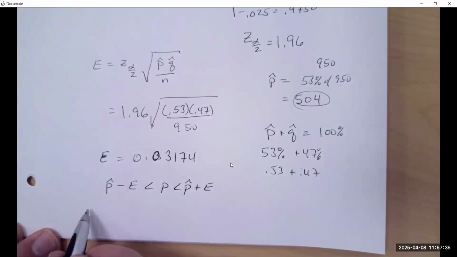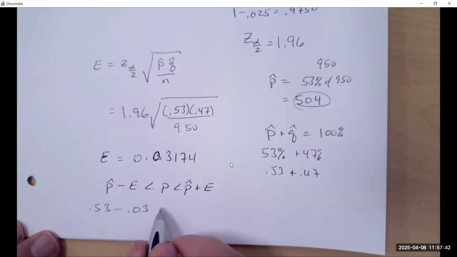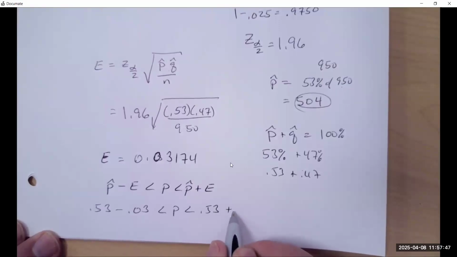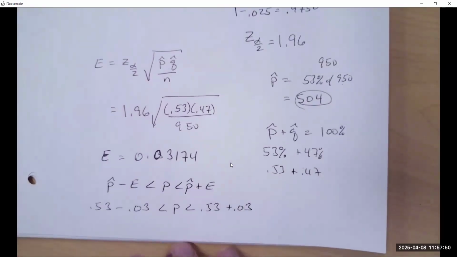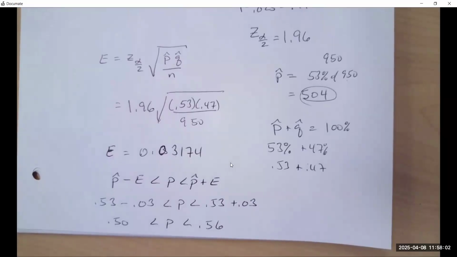So 0.53 minus 0.03 less than P, less than 0.53 plus 0.03, for simplicity. So this gives us 0.50 to 0.56. So we're 95% confident that the population proportion will fall between these two numbers.